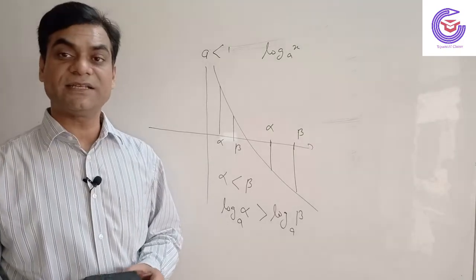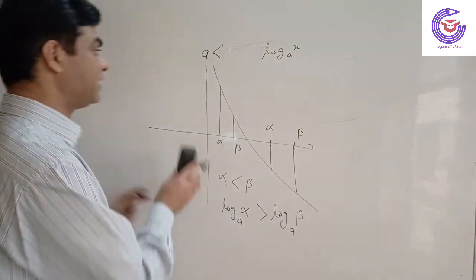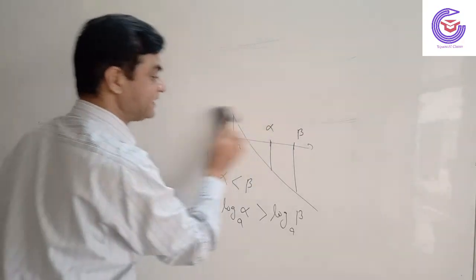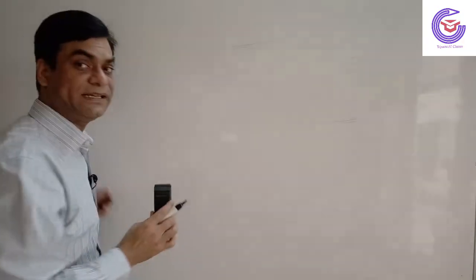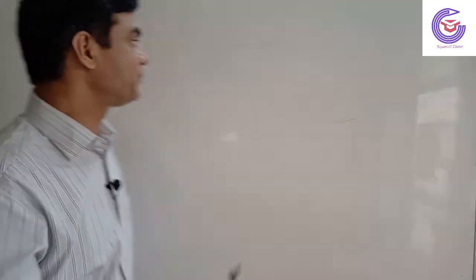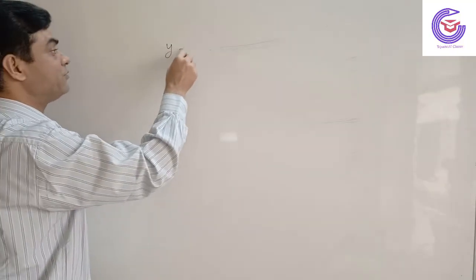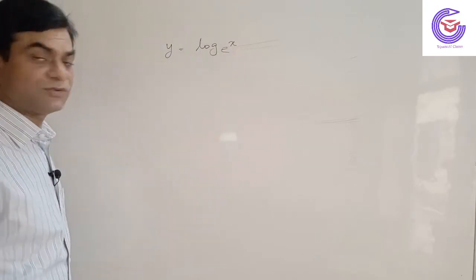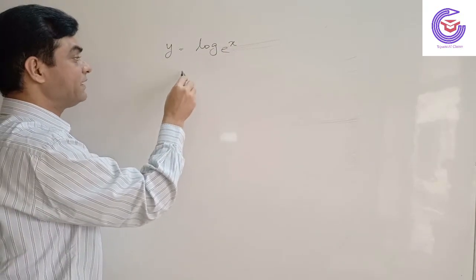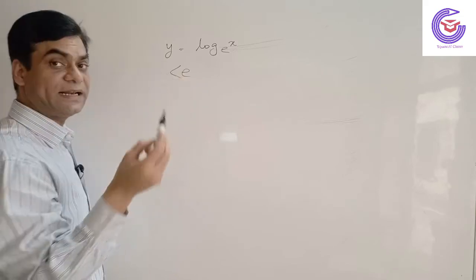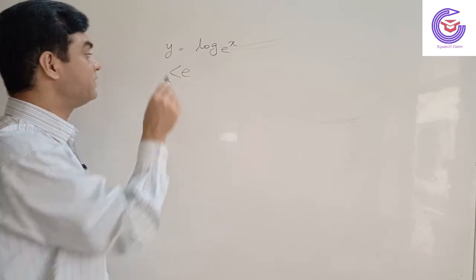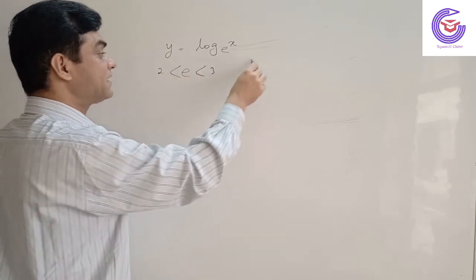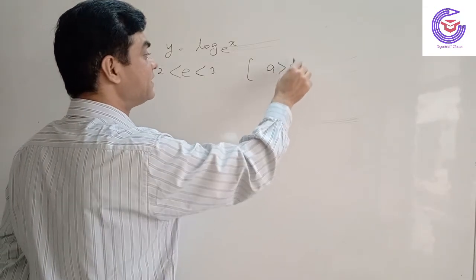There is one special case that you must know, that is the logarithm of x base e. e is basically the exponential number that I discussed in the previous class. Suppose you are asked to plot log x base e. In this case, e is an irrational number whose value lies between 2 and 3. So it is the case when a is greater than 1.